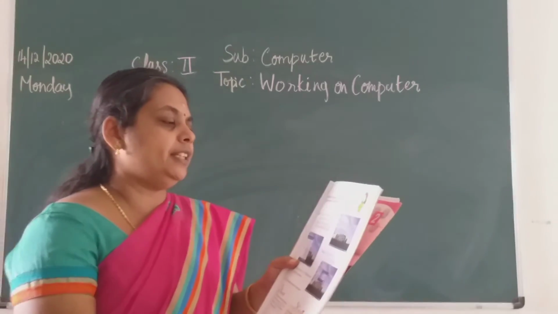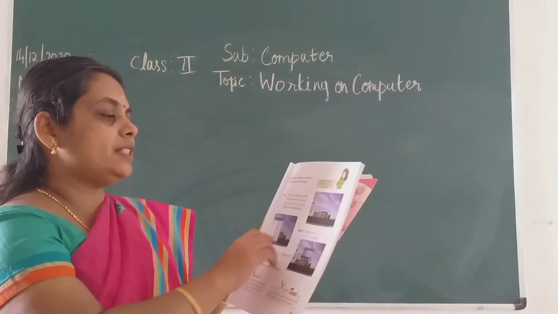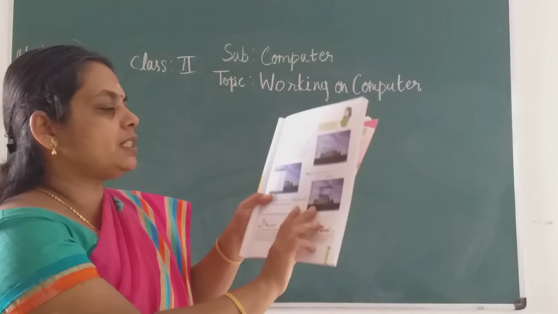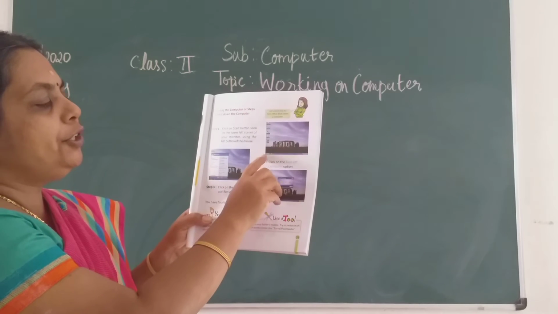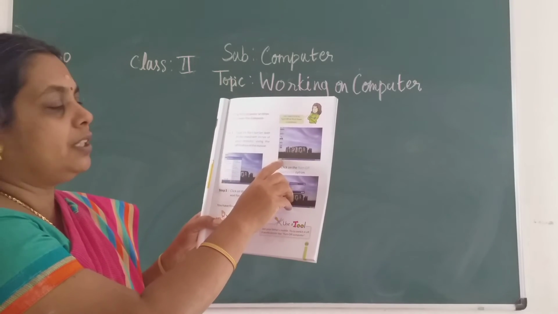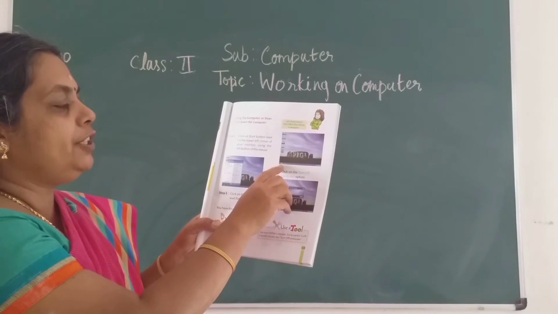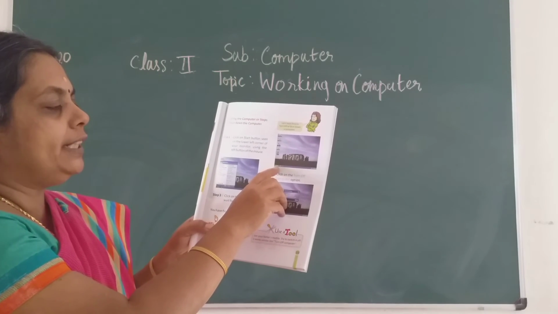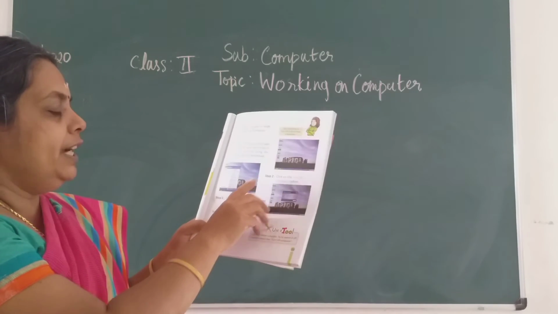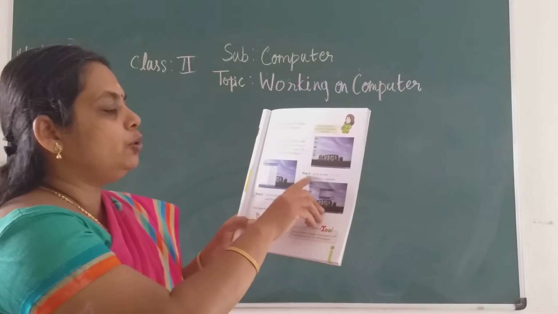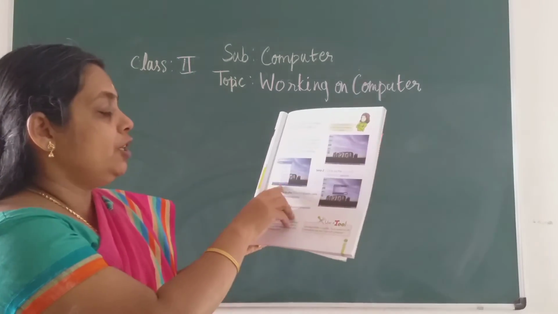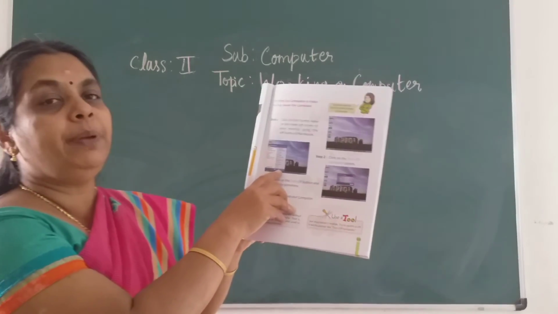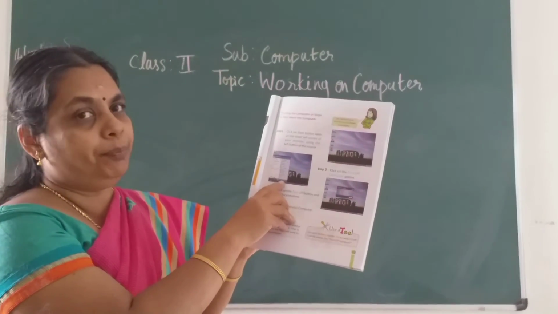On page number 33, the first step: click on the start button. Down on the task bar, you have the start button, children. Click on the start button using your mouse, a left click. Then step 2, click on the turn off computer option. Here in red color you will get turn off computer.